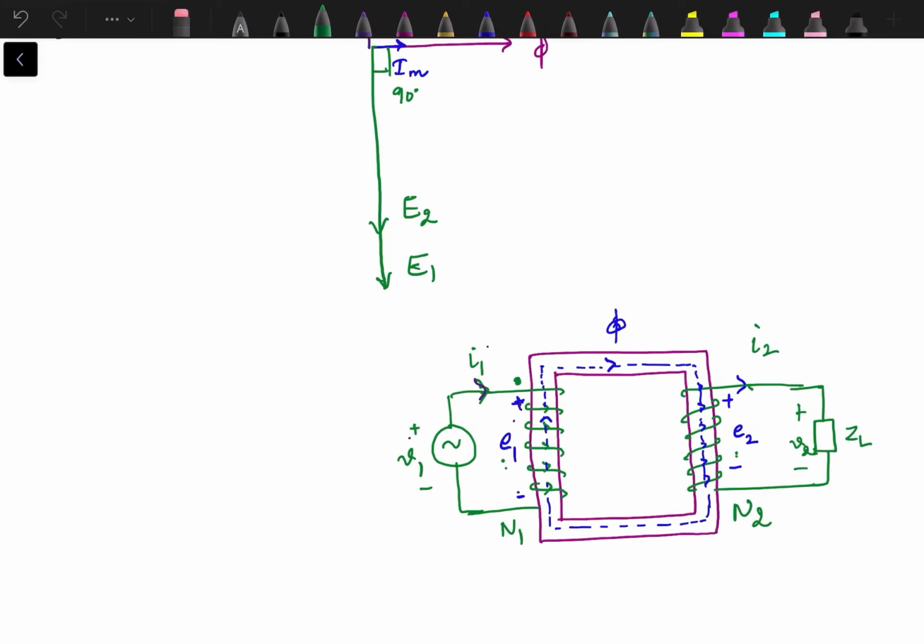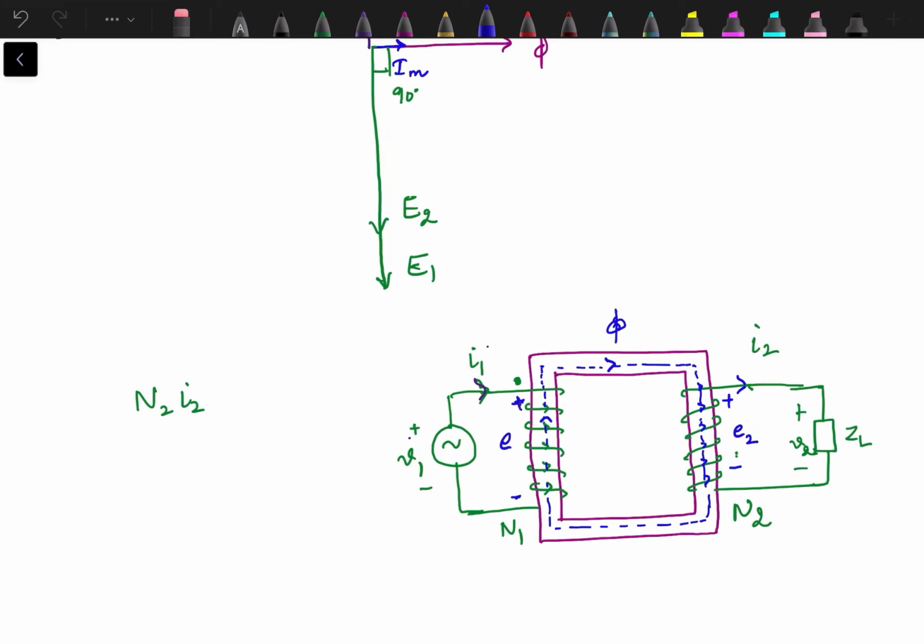We have N2 number of turns for the secondary. There is another MMF, N2 into I2, on the secondary side. Now because of this MMF, what will happen?